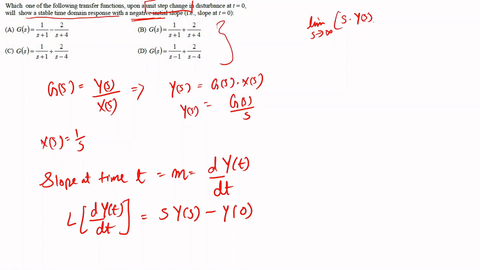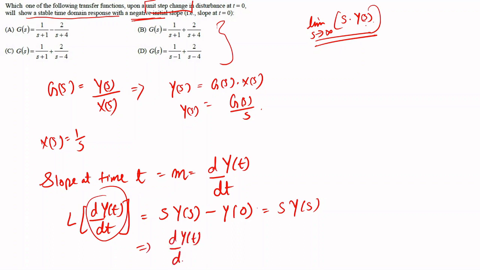For each of these cases we will be having y of 0 equal to 0. So the Laplace transform of the derivative will become simply sY(s). Now since we have to find dy upon dt, it will be equal to L inverse of sY(s).